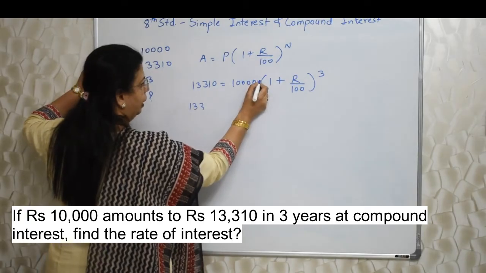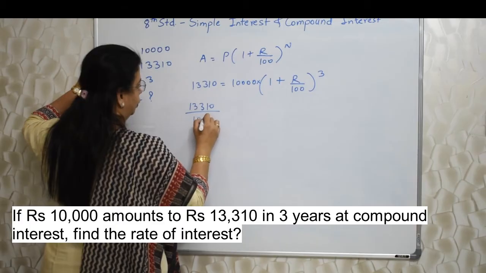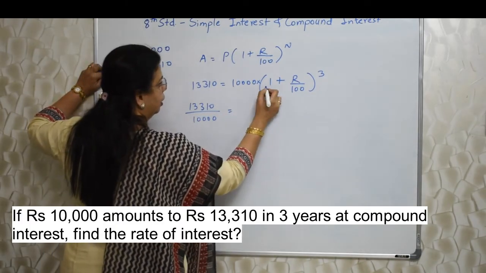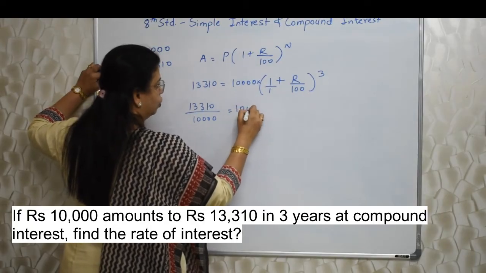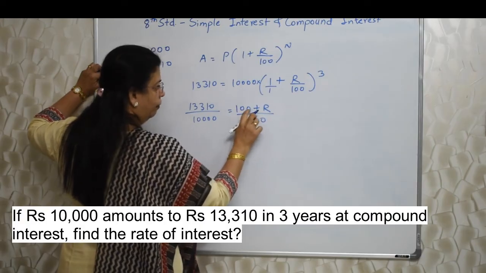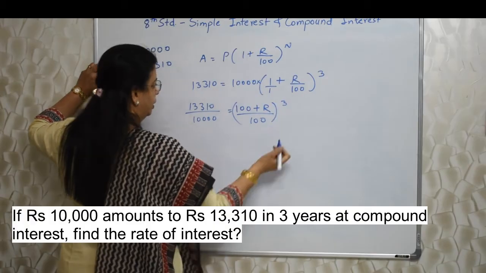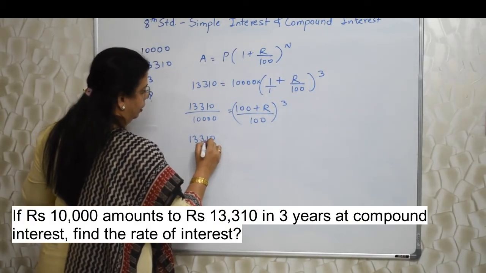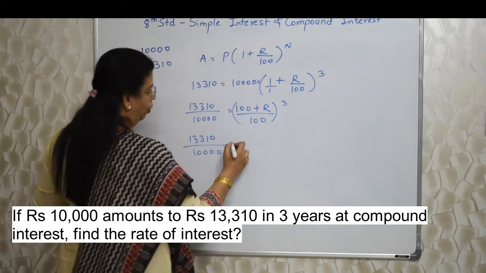This is multiplication here, so it will be division. So it will come down here and remaining will remain here. Here again you can make the denominators equal. So denominator will look like this, numerator will look like this and denominator will look like this, 100 raised to 3 as it is. Okay. Then 100 cube we know how to write.